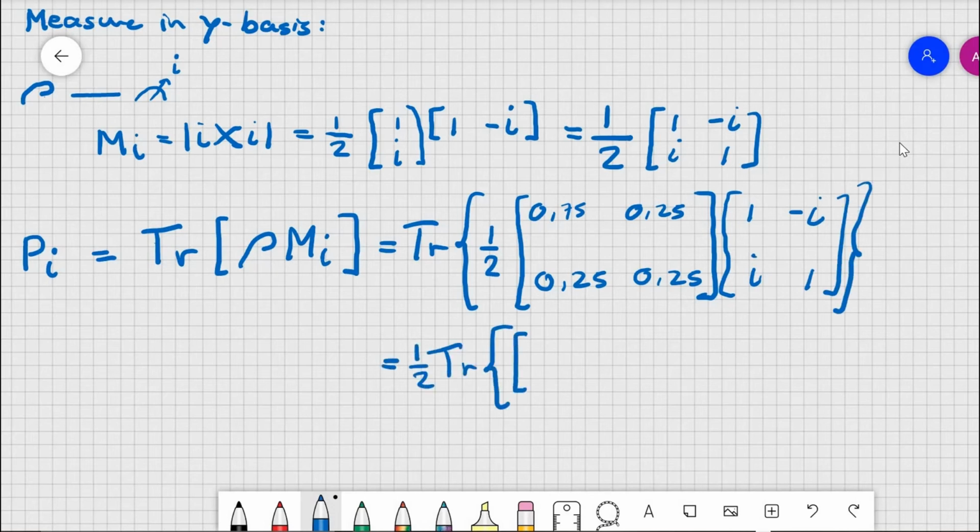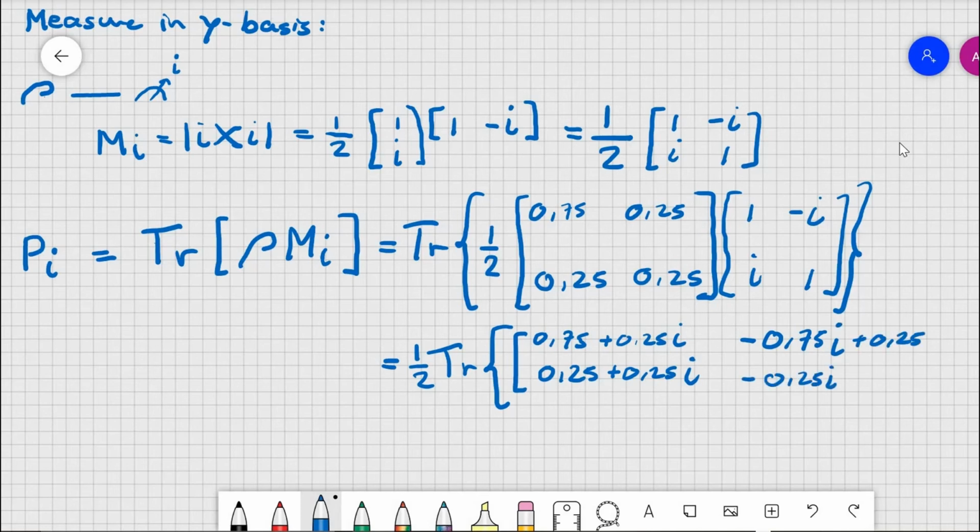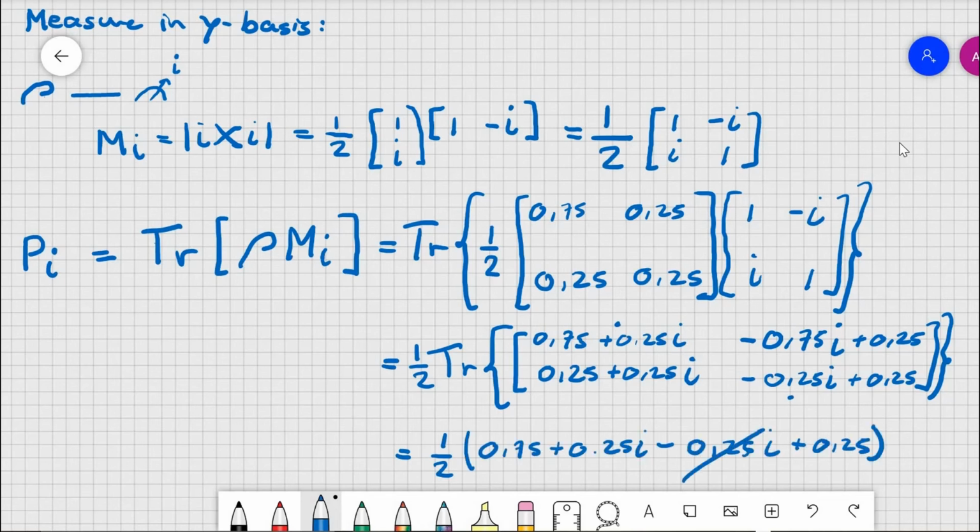And multiplying will then lead to 0.75 plus 0.25i, 0.25 plus 0.25i, minus 0.75i plus 0.25, and minus 0.25i plus 0.25. Summing up all the diagonal elements will cancel out the imaginary terms, which leaves us with 0.5.